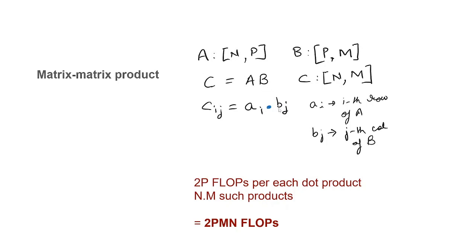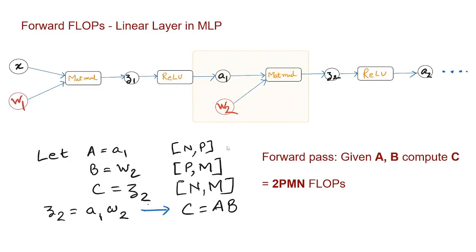And each of these vectors has p elements. So computing C_ij needs 2p flops, and we are calculating n times m such elements. So overall we have 2pmn flops for the matrix product.